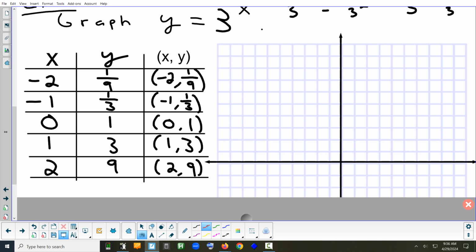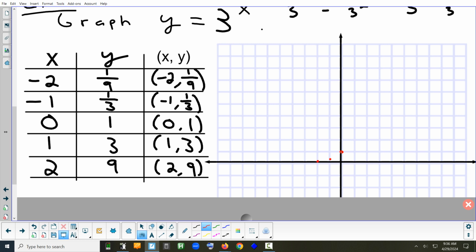Now, 1/9 is a very, very, very small number. So when we go -2, 1/9 is like just barely above 0. We can't even really tell. Okay. -1, 1/3. All right, well, that's up a little bit higher. What's my next point? What's the whole coordinate? 0, 1.